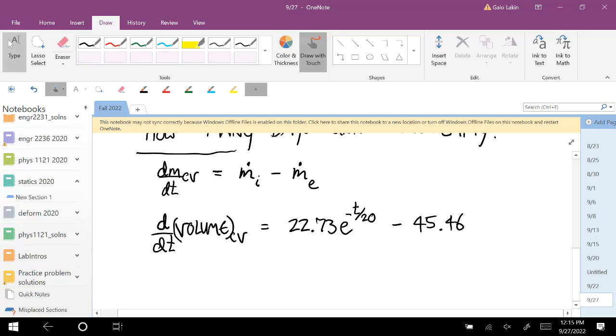This is still in differential form, so this is all just rates, like per time unit.